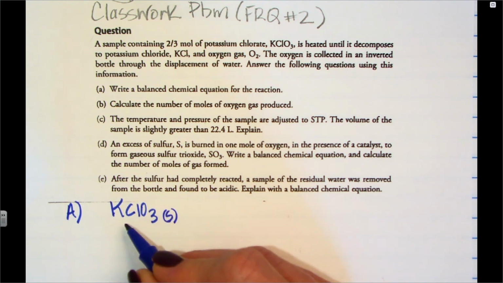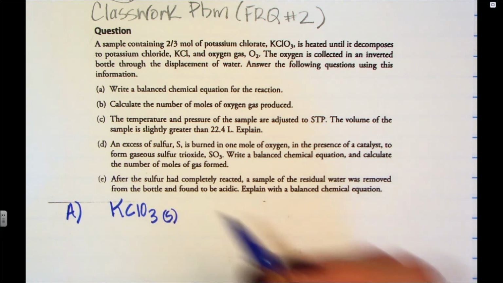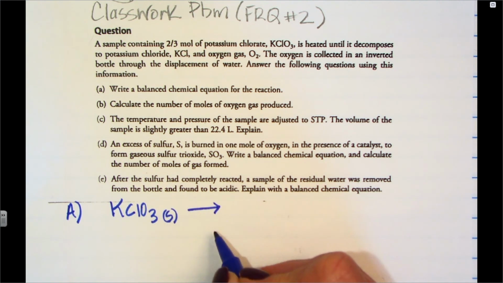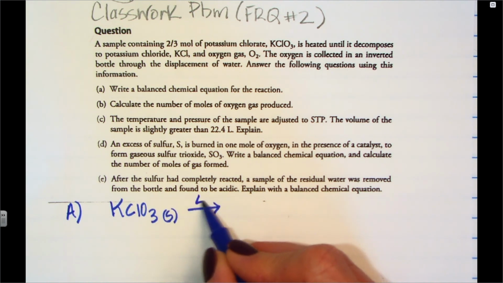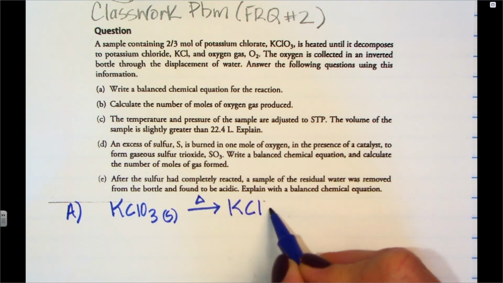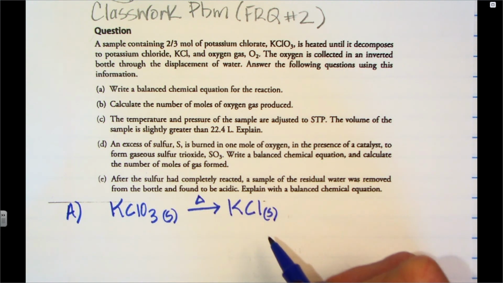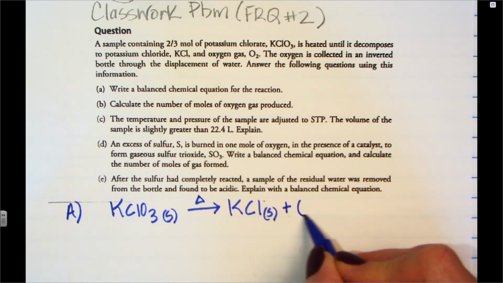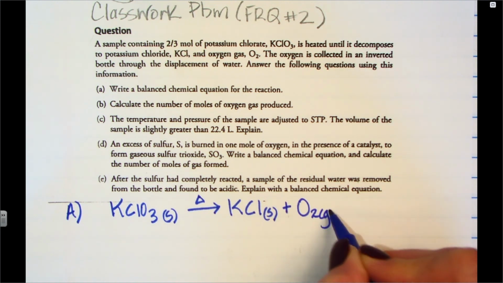It is a salt, an ionic compound. That's how we know it's a solid. And it says it decomposed as it was heated. And it formed potassium chloride, KCl, which is another solid because, again, it's a salt. It's an ionic compound. And then oxygen gas, so O2. So here's the gas that's formed.